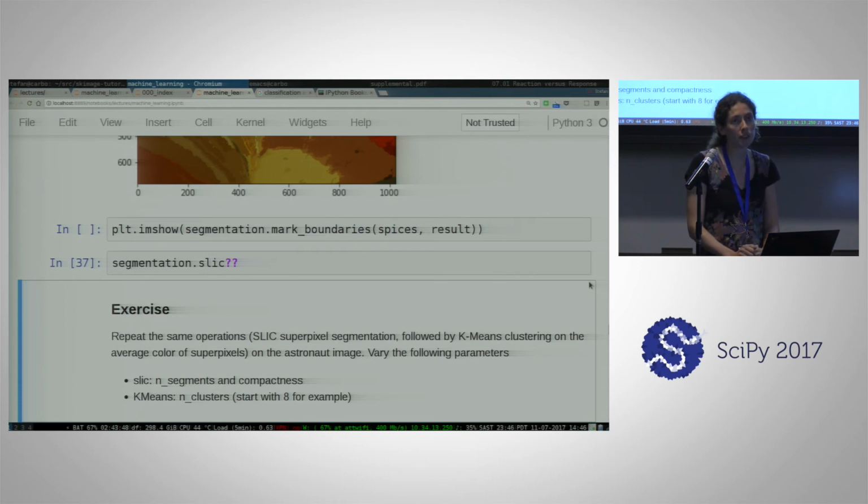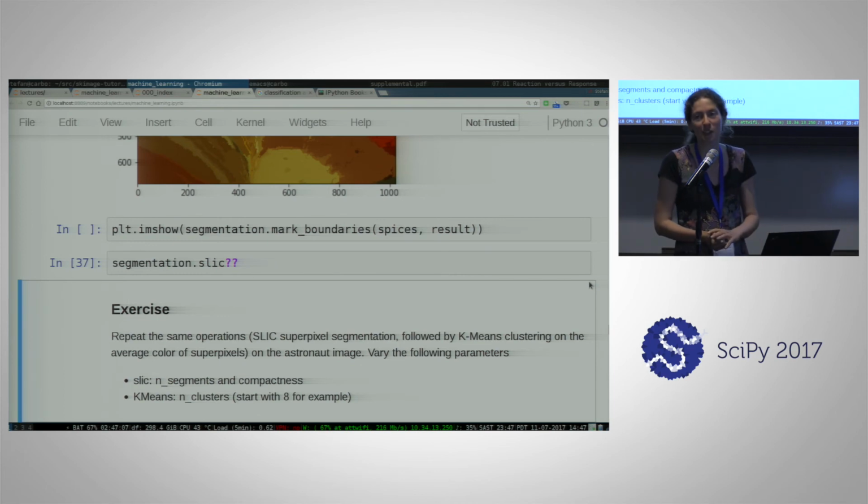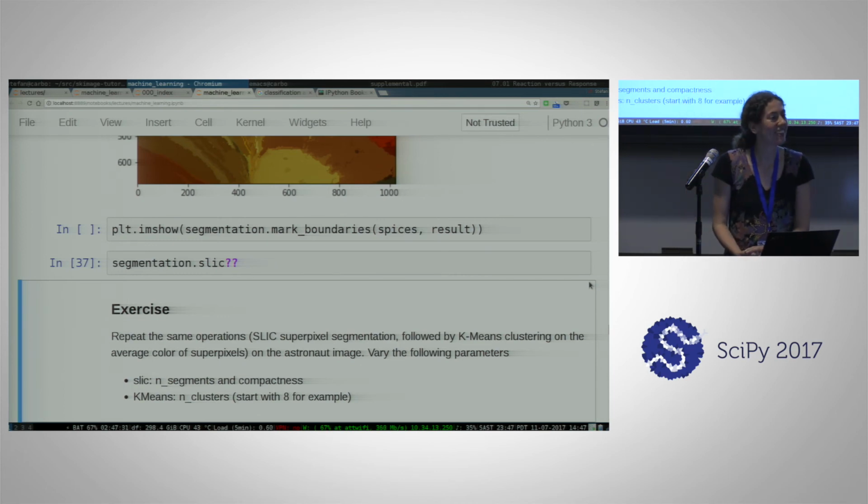So if you wanted to estimate automatically the best number of superpixels, I think I would do something based on edge detection and try to count the distance between edges or something like that, and then this would give me a typical scale. But it's really not guaranteed.